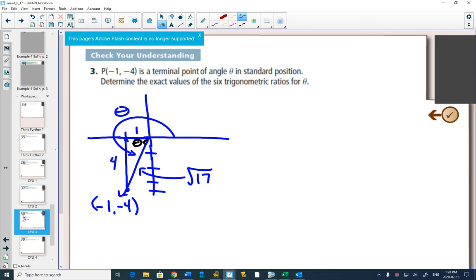Now, we want to find sine of theta, cos of theta, tan of theta. On a triangle, what's sine of theta? Opposite over hypotenuse, right? So we take our reference angle and say, on this triangle, the opposite over hypotenuse would be 4 over root 17.